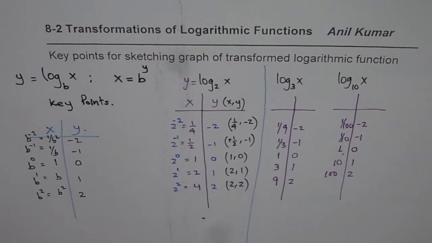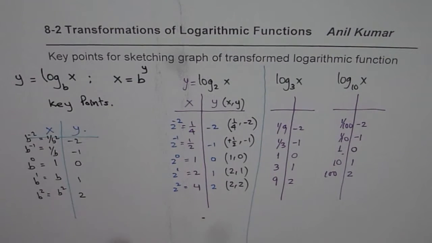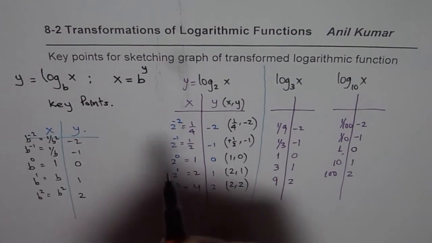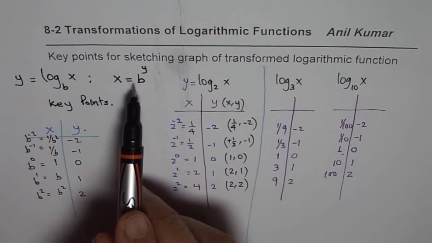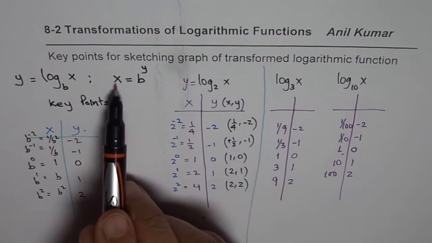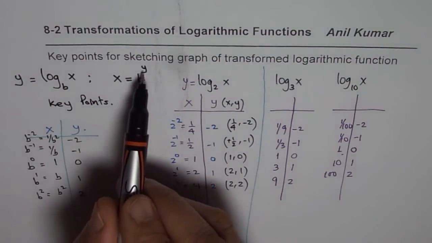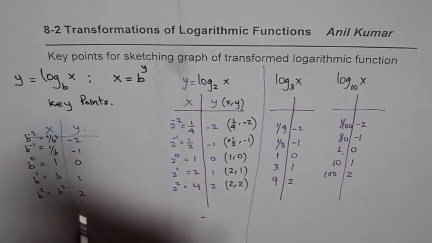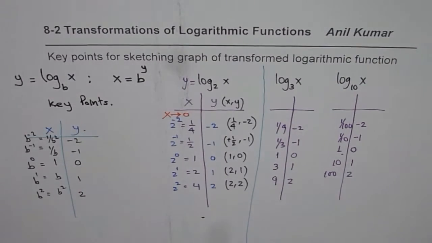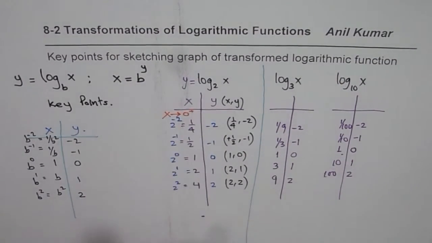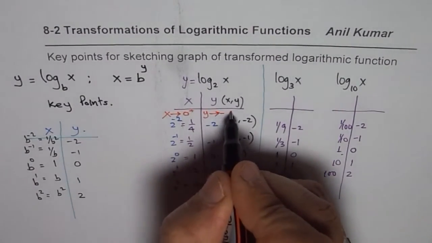One more key line, I should say, is the vertical asymptote. So the other parameter here is what happens if x is approaching 0, right? Or what happens if y value becomes negatively large? So we say when x is approaching 0, that too from the positive side, you cannot approach from the negative side, then y approaches negative infinity.